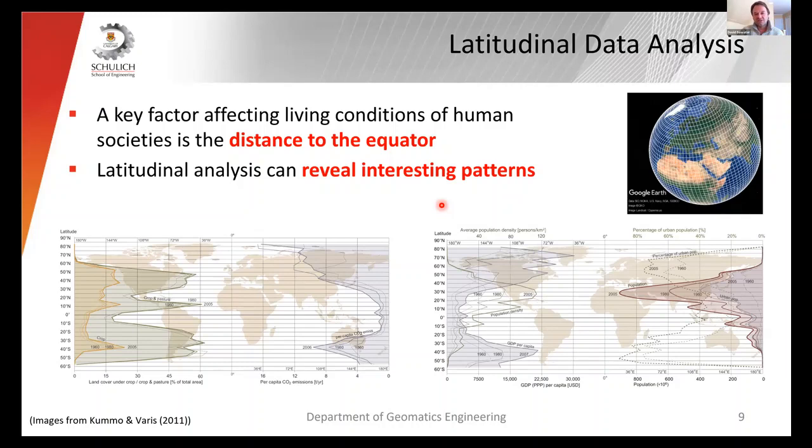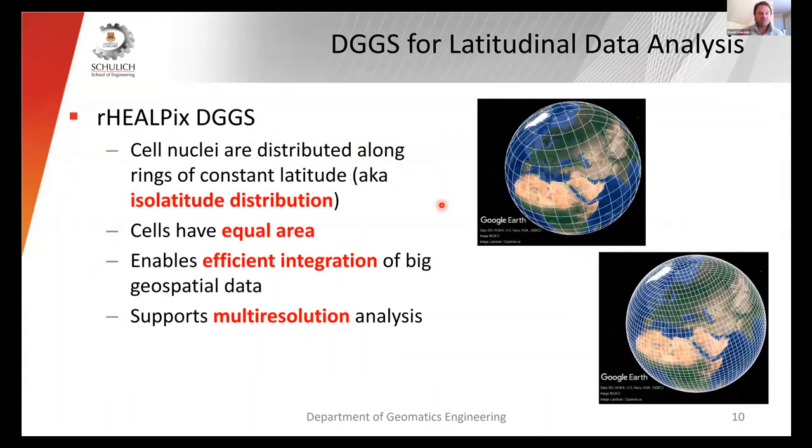So based on these interesting patterns and this type of analysis, we went back to the RHLPX DGGS and thought, okay, this type of DGGS has some interesting properties that can facilitate this type of analysis. I've just mentioned that cells are distributed along rings of constant latitude, but also cells have equal area.